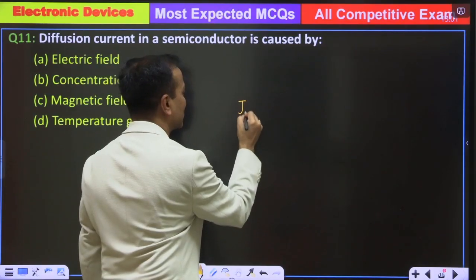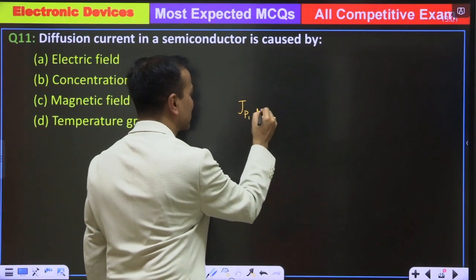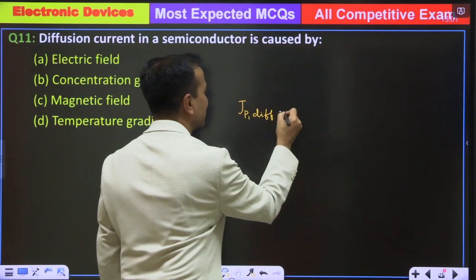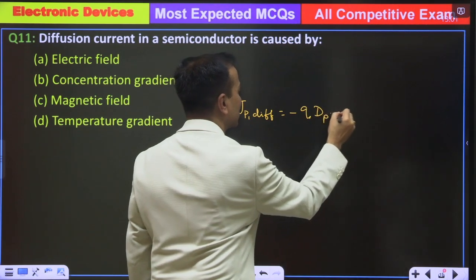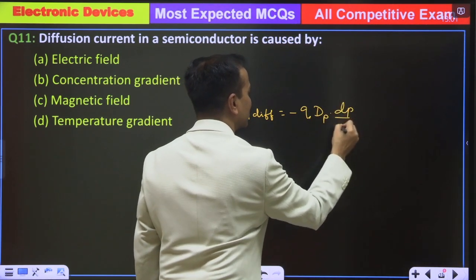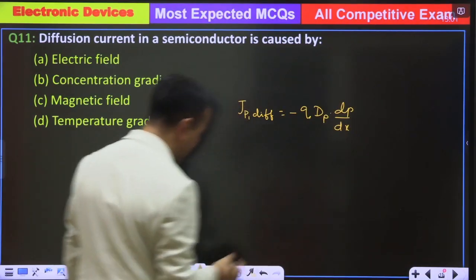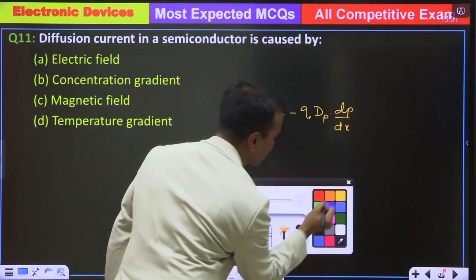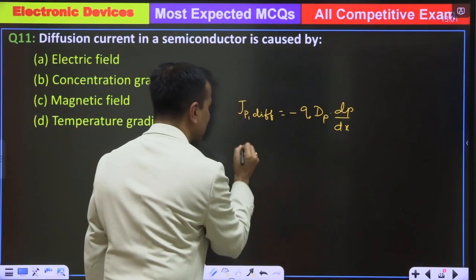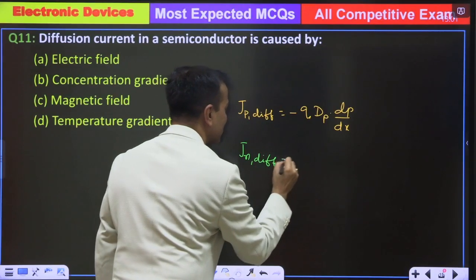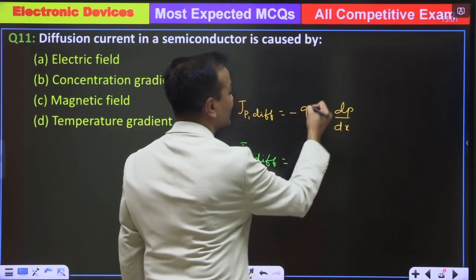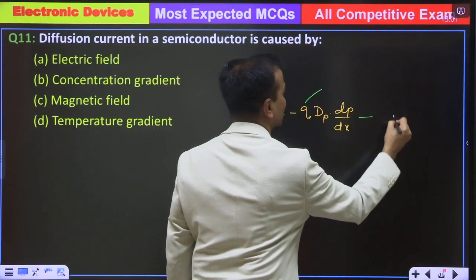Here if you see how diffusion current is given, J_P diffusion is given as minus Q into dP by dx. And similarly for the electron, Jn diffusion is equal to, let's say this is equation number 1.